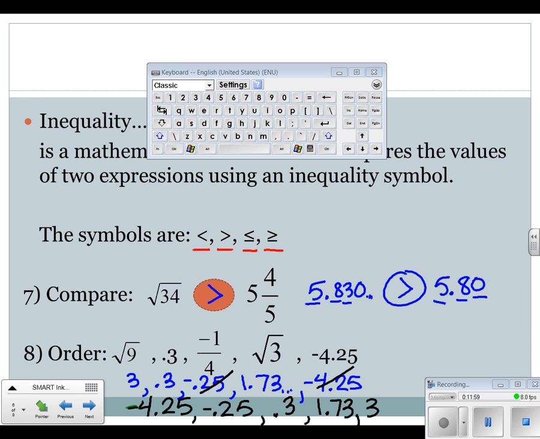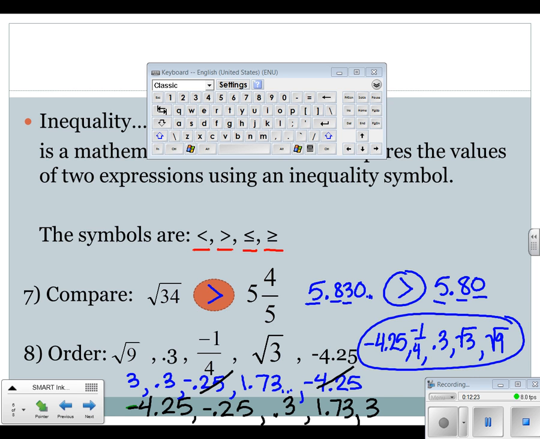So in order of how it was written, it would go negative 4.25, and then negative 1/4, and then 0.3, the square root of 3, and the square root of 9. That would be in order from least to greatest.